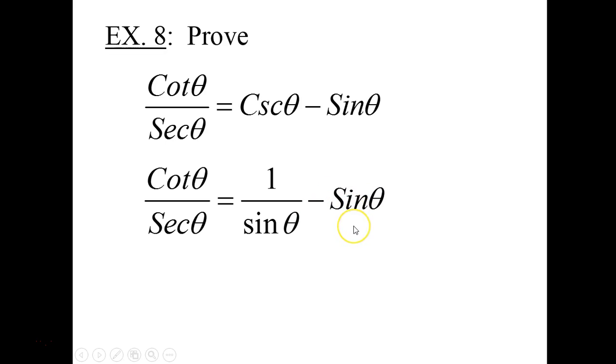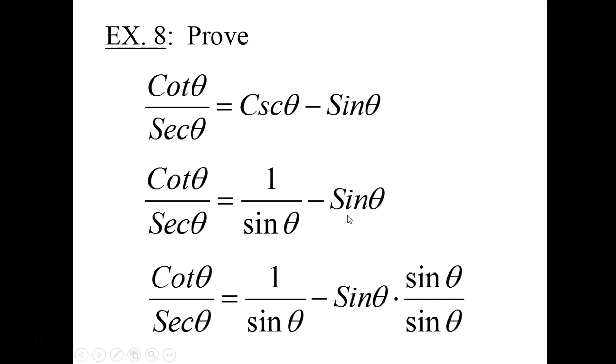This is technically over 1, so to get this denominator, I'm going to leave 1 over sine alone. I'm going to take this sine and multiply it by 1, specifically sine over sine, to give me a common denominator.